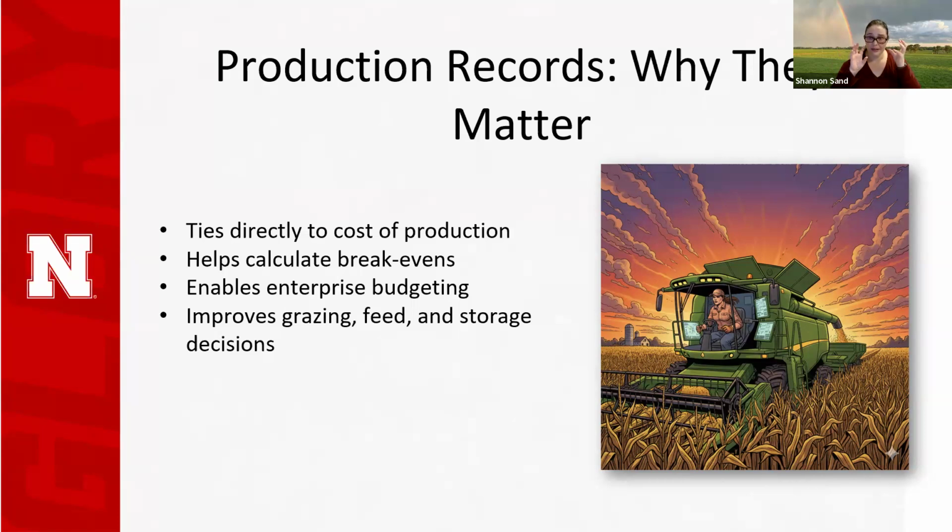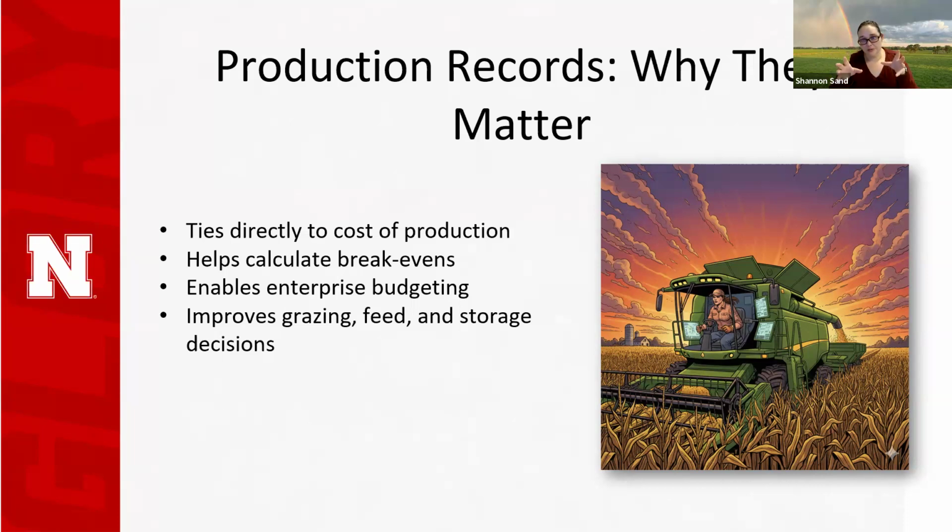And again, if you're wanting to evaluate if you're potentially making changes, maybe you're looking at buying a new combine, maybe you're looking at building a new or replacing some fence or building a new barn or whatever, you can again do that in these enterprise budgets, but you can't, well, you could, I guess.